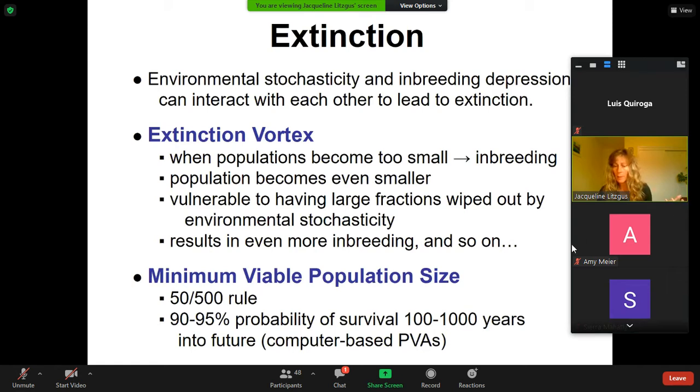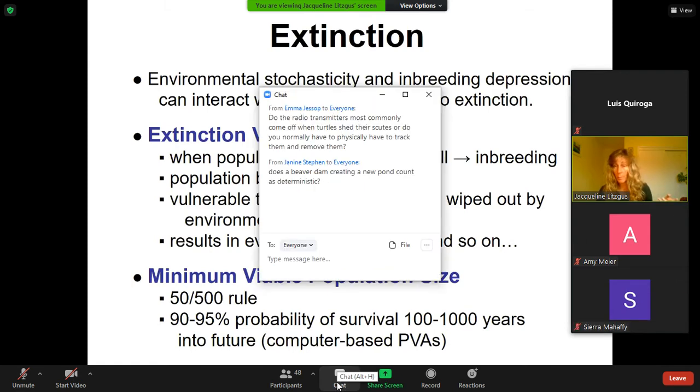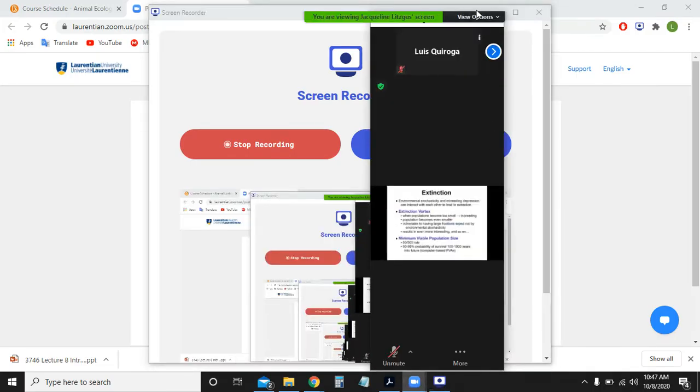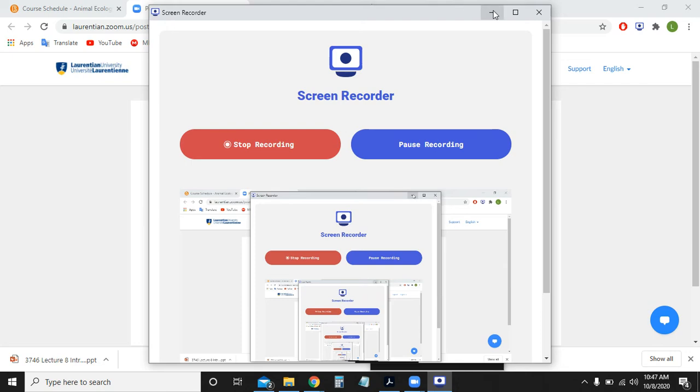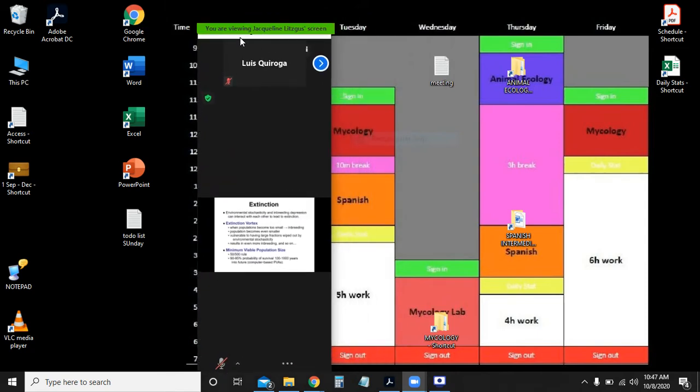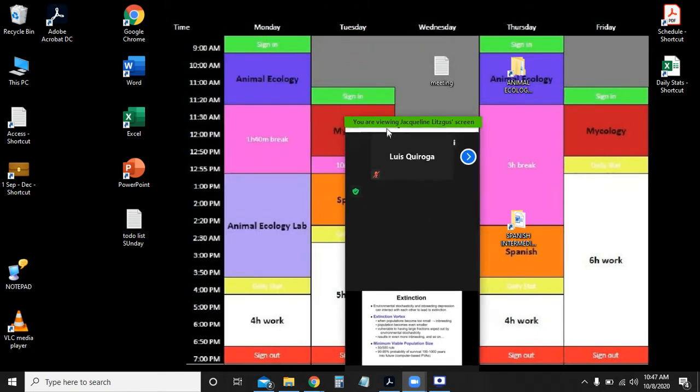So what is the minimum viable population size that's going to prevent an extinction vortex? And there's been a few rules thrown around about this, but some have suggested that a population size of 50 individuals is considered to be the minimum viable population size. So the idea being that 50 individuals is enough to bounce back from a bottleneck.